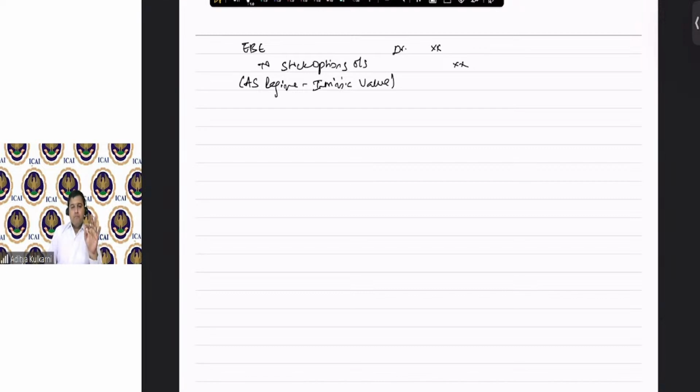But Ind AS regime does not recognize intrinsic value. Intrinsic value is essentially the value as on that date. It is not a futuristic value. It is a value that is existing as on the date based on the market conditions on that date.